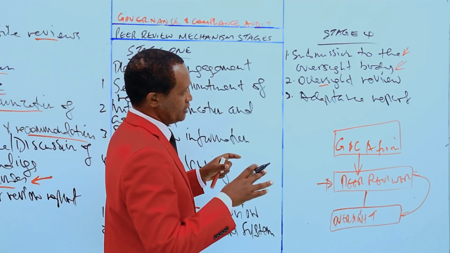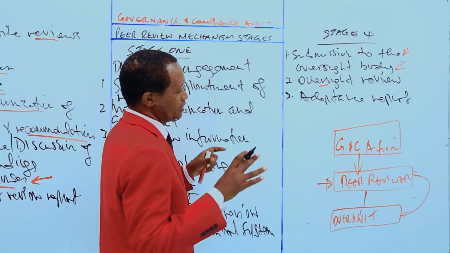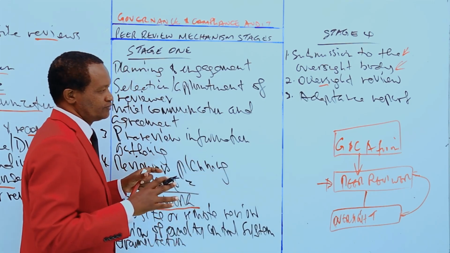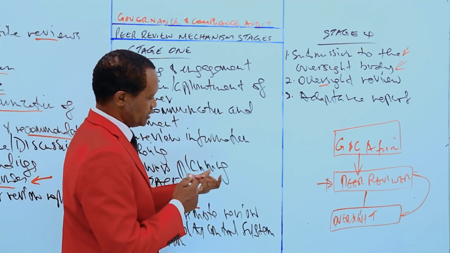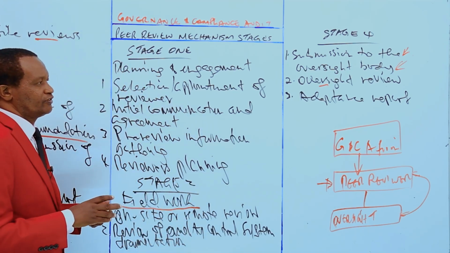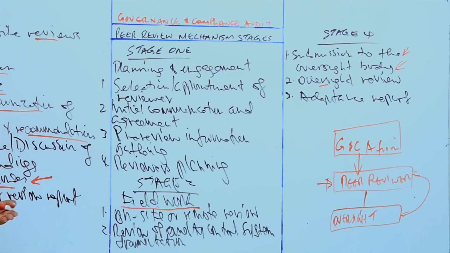So the corrective action plan is part of the report. The plan, don't forget, is developed by the firm that is being reviewed in response to the findings that are discussed or submitted to the firm by the reviewer. So there is acceptance of report by the oversight body. So the reviewed entity receives formal notification of the acceptance and its peer review rating.